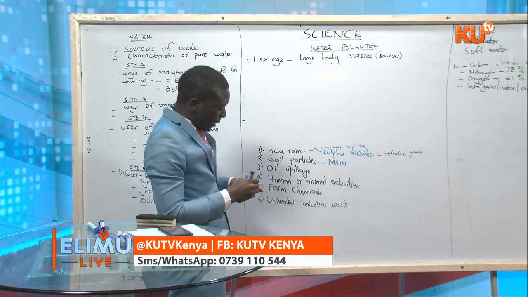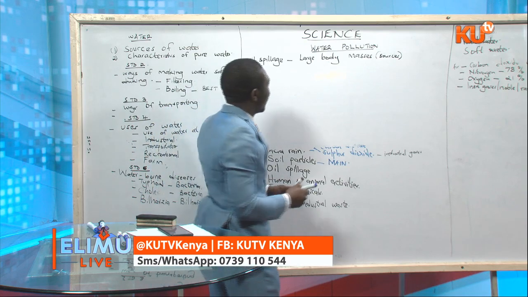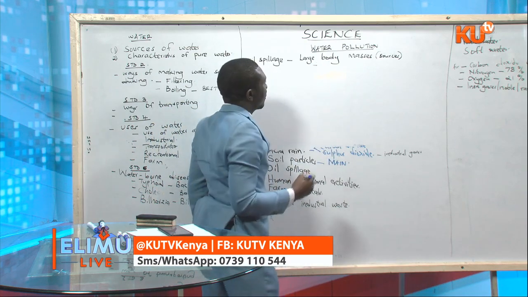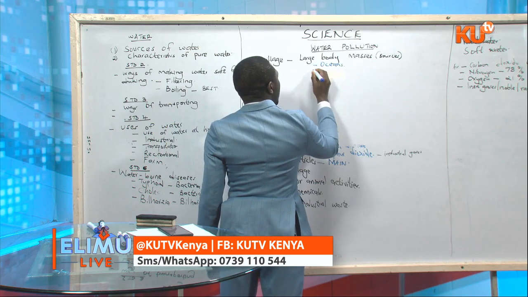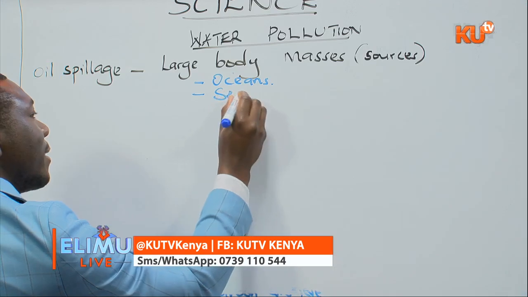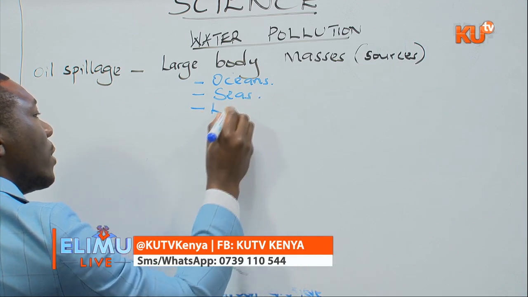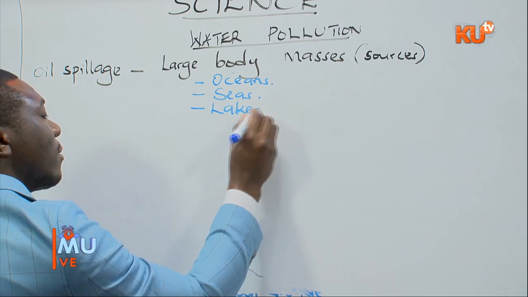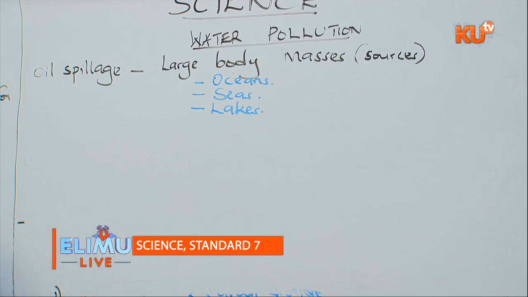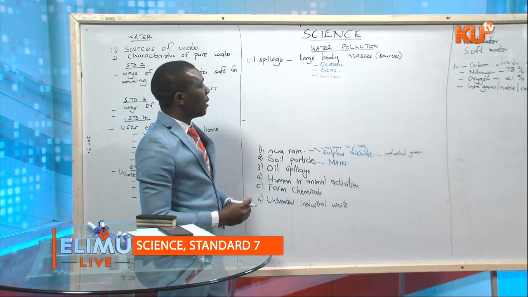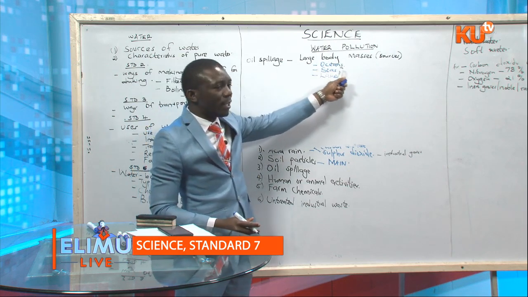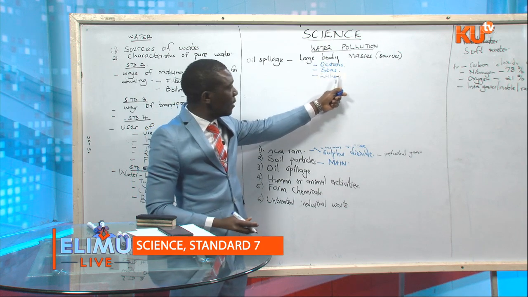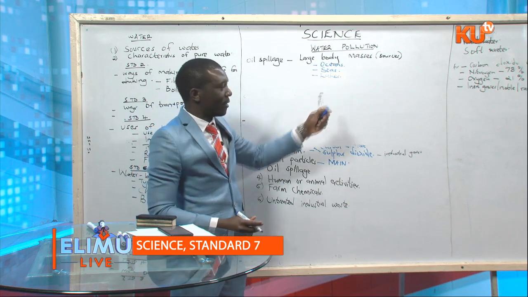Examples of these large body masses are: 1, oceans, which is the largest; 2, seas; 3, lakes. So we are focusing on oil spillage in oceans, seas and lakes.